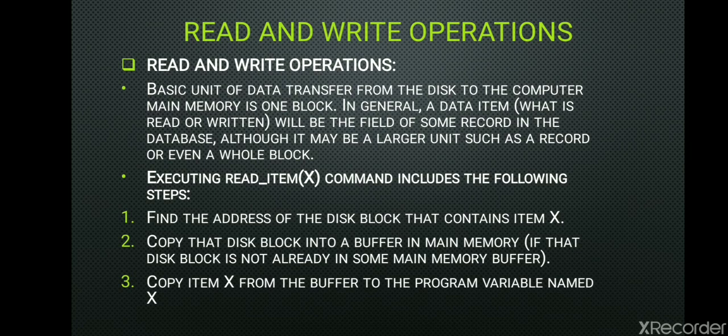So these addresses give us that specific path, and when we come to that path, or that specific address where item x is placed, we pick that x, then we put it in the buffer.